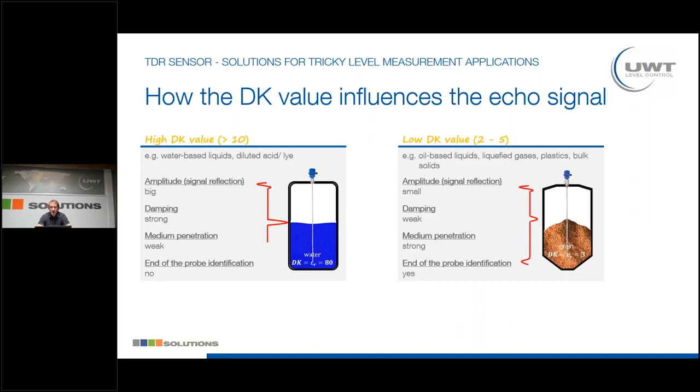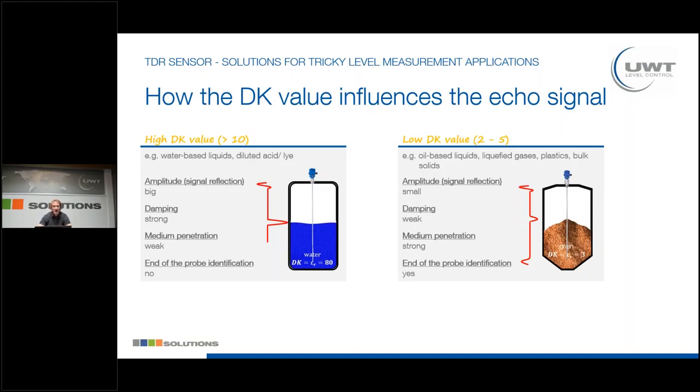Well, we're now comparing two echo signals. One important factor is the decay value of the medium, because this influences a lot how the echo signal looks, and also the reliability of the measurements.